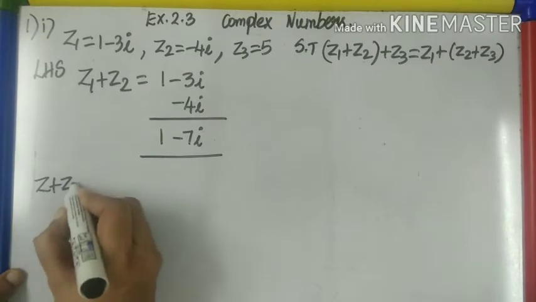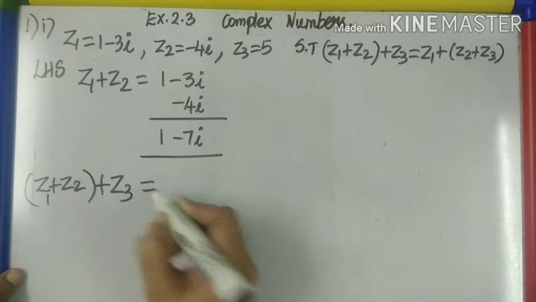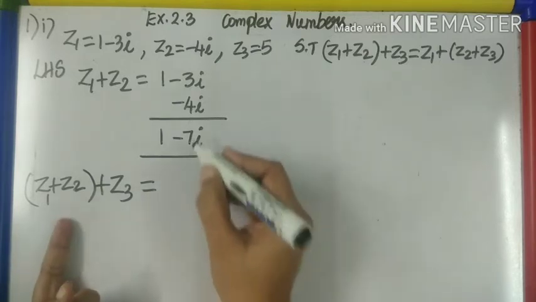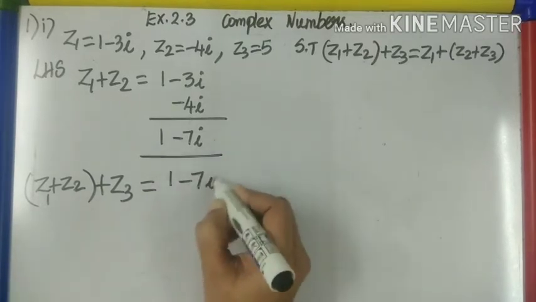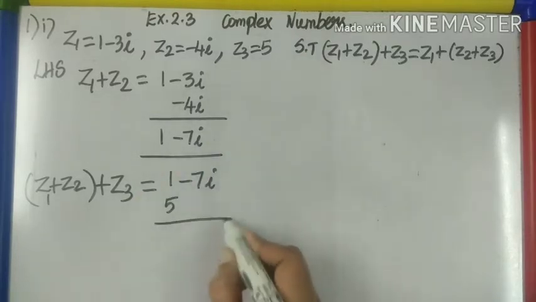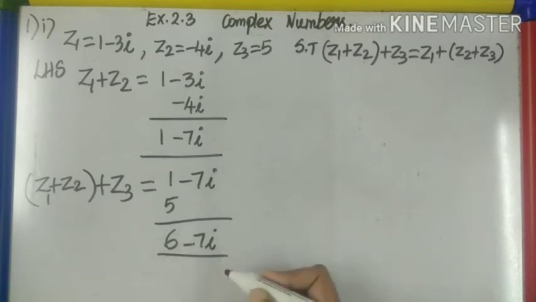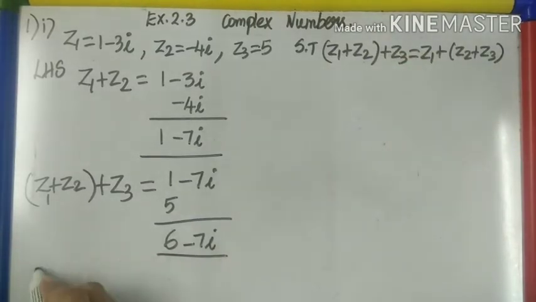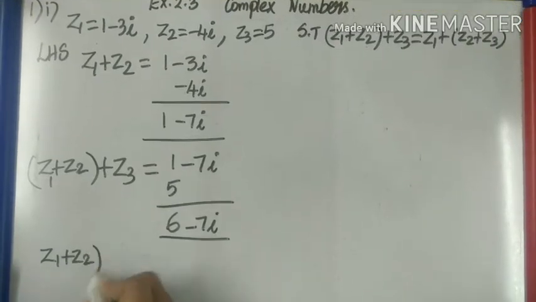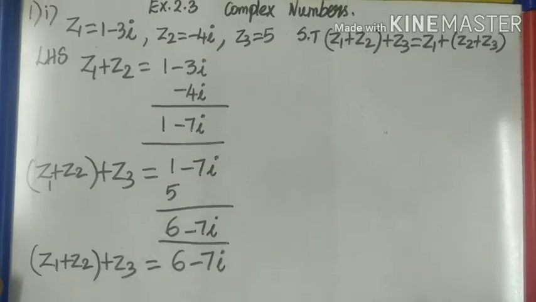So (Z1 + Z2) + Z3 equals: Z1 plus Z2 answer is 1 minus 7i and Z3 is 5. Total will be 6 minus 7i. So the LHS that I arrive at, (Z1 + Z2) + Z3, equals 6 minus 7i.